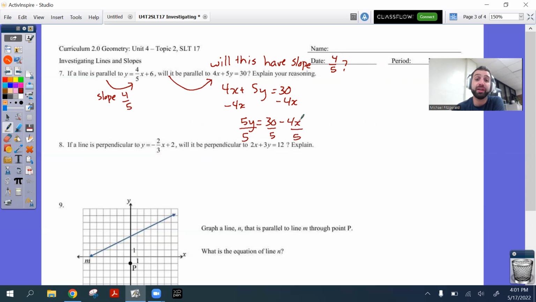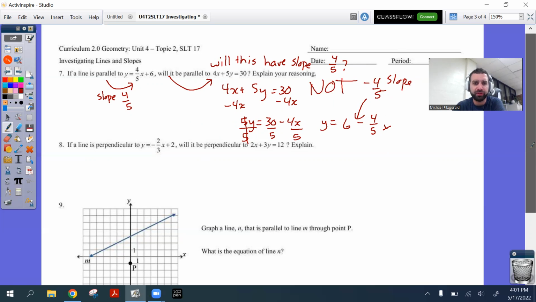We're dividing every item by 5. So these 5s cancel. We get y = 30 divided by 5, which is 6, then minus 4/5 x. So the key thing here is this negative. Our slope is -4/5, and that is not the same as +4/5. So these are not parallel.